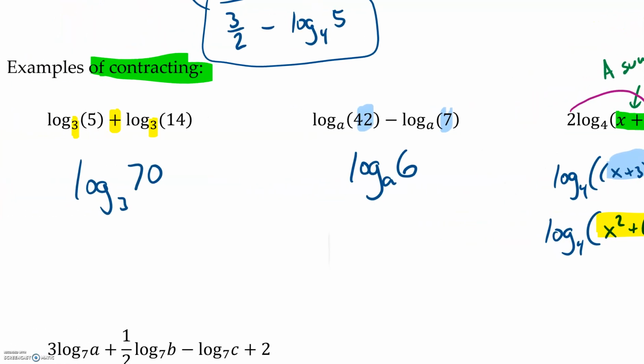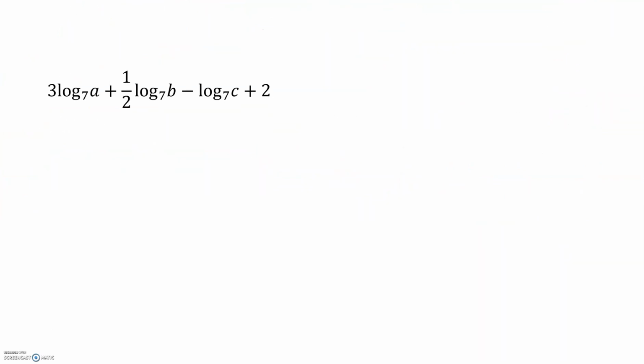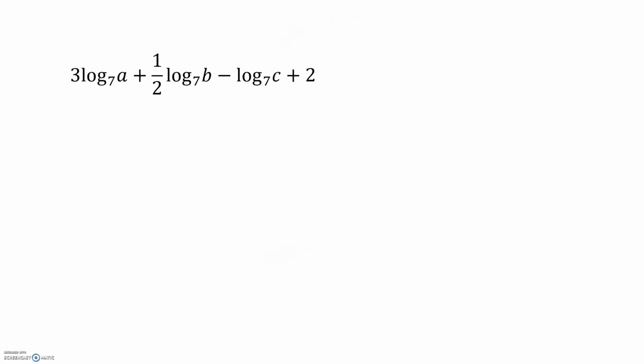Well, one more example that I'd like to look at is simplifying this expression. I want to combine that into a single logarithm, lots of different stuff going on here. And so let's get to work. The first thing to notice, again, is that when I'm contracting, I want to start with the power rule. So if there are any constants being multiplied by a logarithm, let's pull those in first.